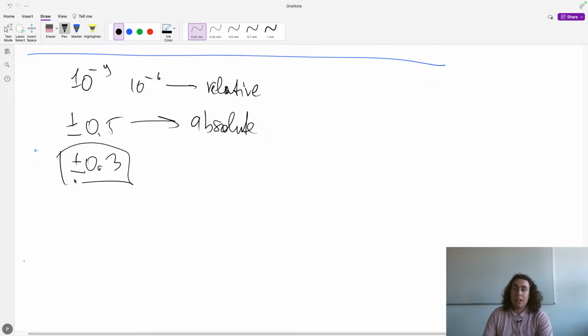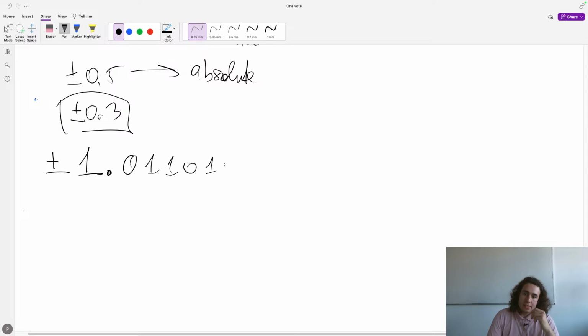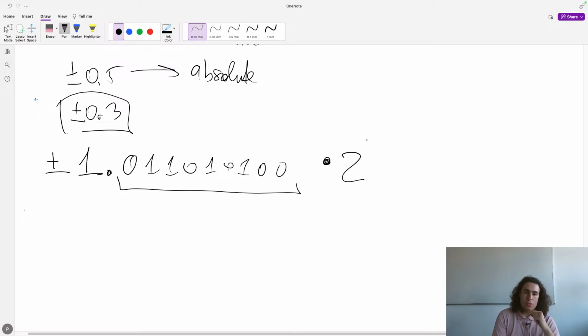Let's quickly talk about how doubles work in C++. We represent every number as plus or minus 1 point, like we store them in binary, of course, some number of bits after the dot, and then times 2 to some power, either positive or negative, depending on whether our number is less than 1 or more than 1.